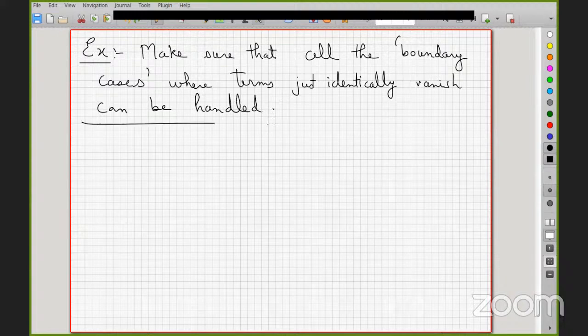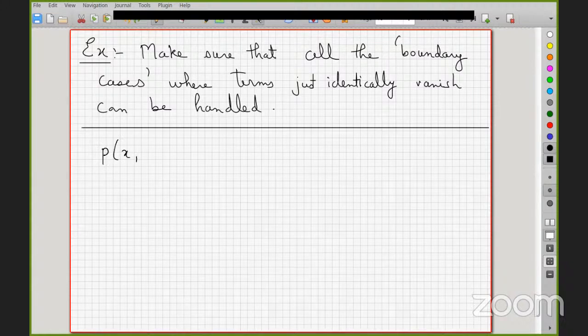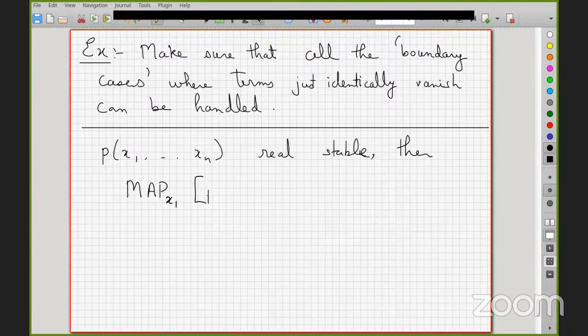But apart from that, what we have gotten is that if P(x1 to xn) is real stable, then the multi-affine part in x1 applied to P is also real stable.